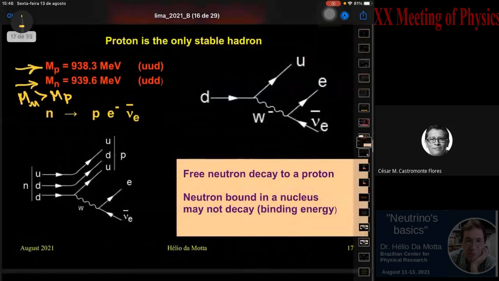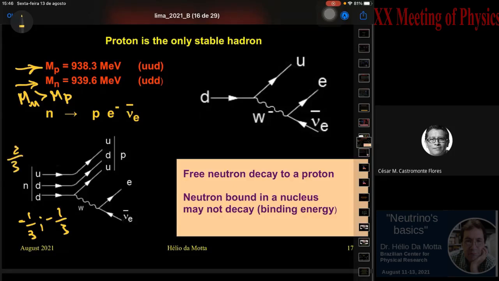Okay? So the D has minus 1/3. The other one is minus 1/3. And the U has 2/3. 2/3 minus 1/3 minus 1/3 is 0. Total charge equal to 0. So this is a neutral.